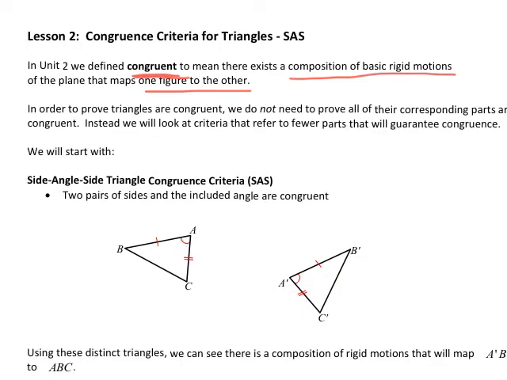That means that I can say triangle ABC is congruent to triangle A prime, B prime, C prime. Remember, the correspondence is important. A corresponds to A prime, B to B prime, C to C prime. But we're going to talk about how we can show this with rigid motions next.